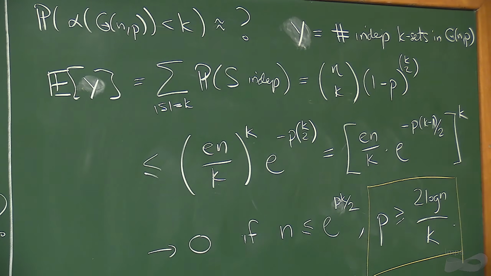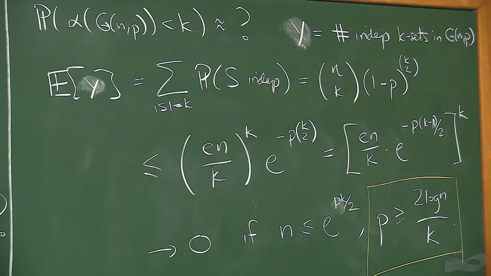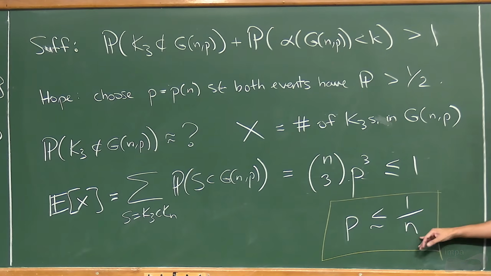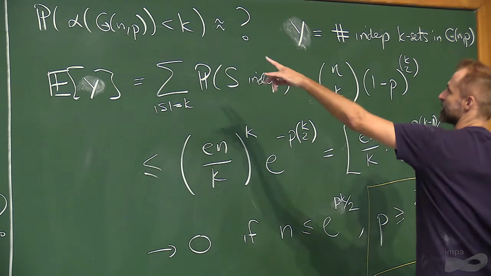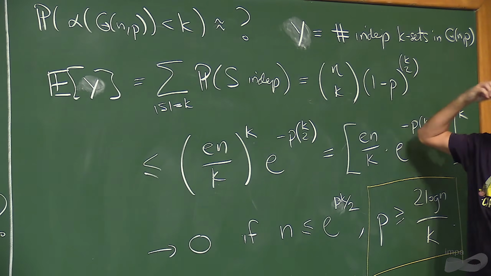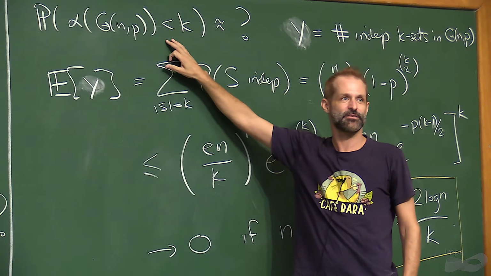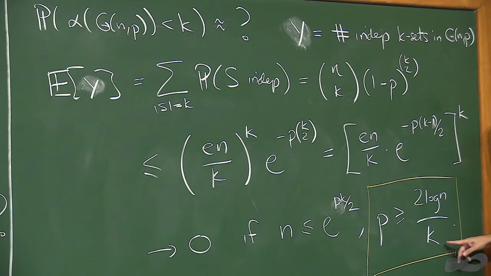So here, to show that the graph is triangle-free, we wanted p to be smaller than 1 over n. Here, if the expectation of y, the number of independent k-sets, is small, then you're likely to not have any independent k-sets. So here we wanted this thing to be small, which means we want p to be bigger than log n over k. So we want p smaller than 1 over n and bigger than log n over k. So what should we choose p to be?